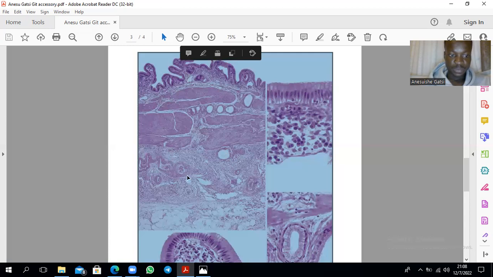Right. Then these are blood vessels. There's a blood vessel there. Then this is connective tissue, making up the adventitia on the outside here. Those are the blood vessels. That's a blood vessel. That's a blood vessel again. Right.